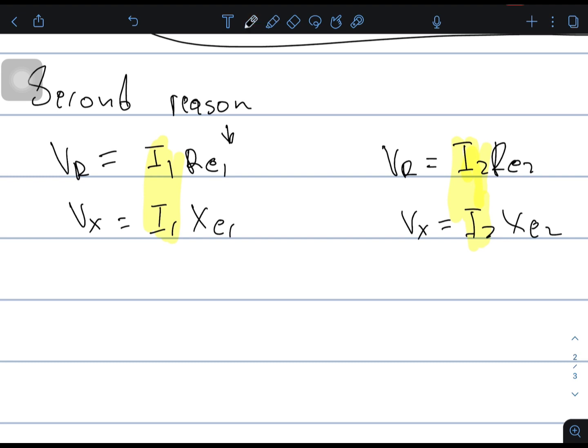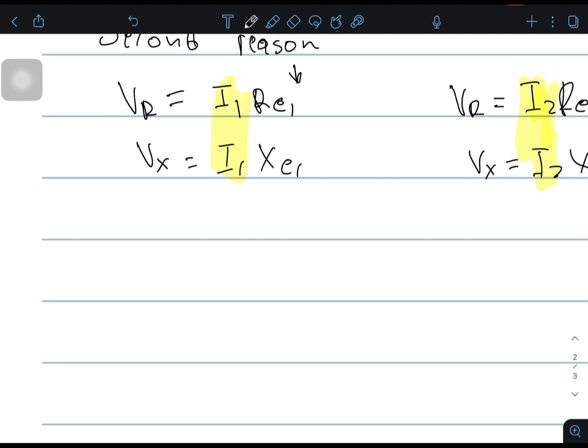For example, if my values are in per unit, the voltage drop due to internal resistance referred to the primary side is equal to per unit resistance times the supply voltage. We don't need to know the current to calculate the voltage drop.